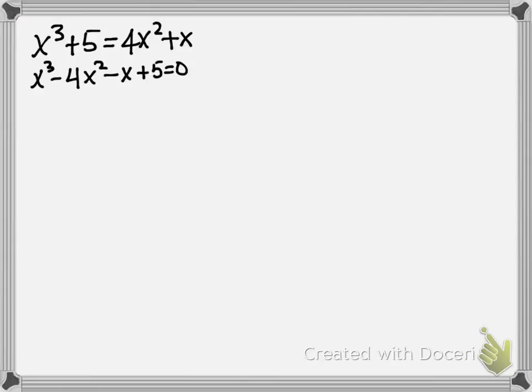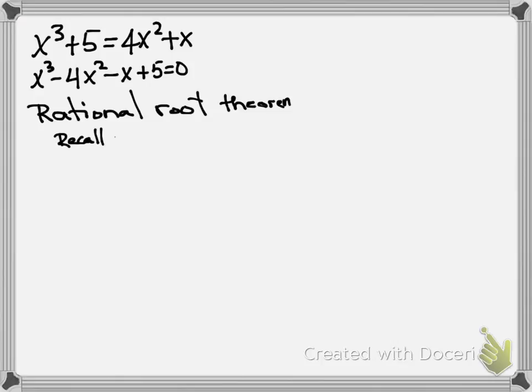So, what does the rational root theorem say? Remember, when you have a polynomial, the form is f of x equals a sub n x to the n, and so on, until a sub naught.